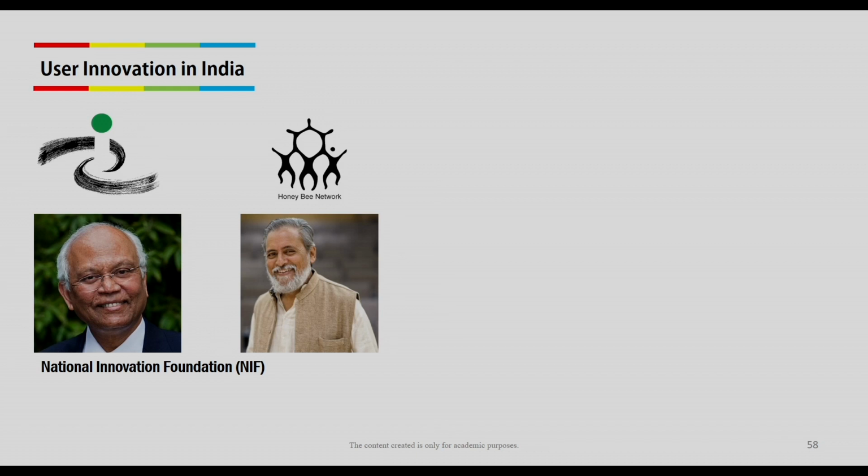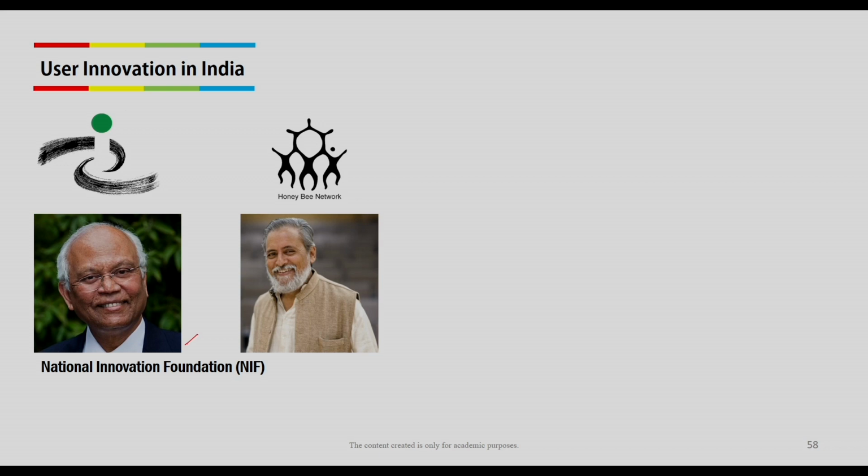The foundation has a governing board chaired by Dr. R.A. Mashelkar, former Director General CSIR and President Global Research Alliance. Professor Anil Gupta, President Srishti and Professor at IIM Ahmedabad, is the Executive Vice Chairperson of NIF.